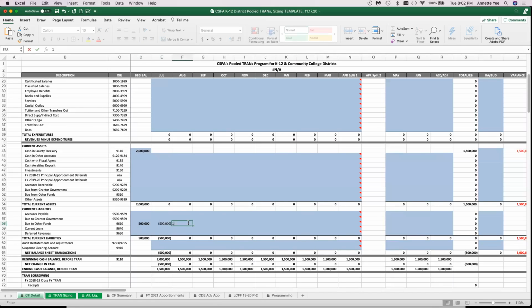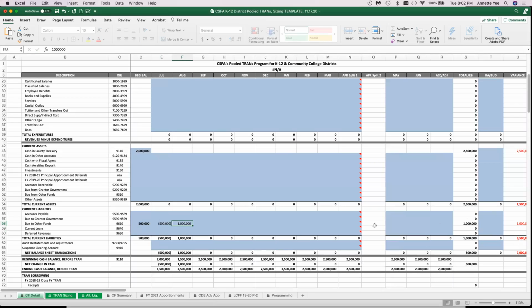So they're borrowing from another fund to do that. That just gave them $1 million more in cash, and it looks like they have something showing up in column S.